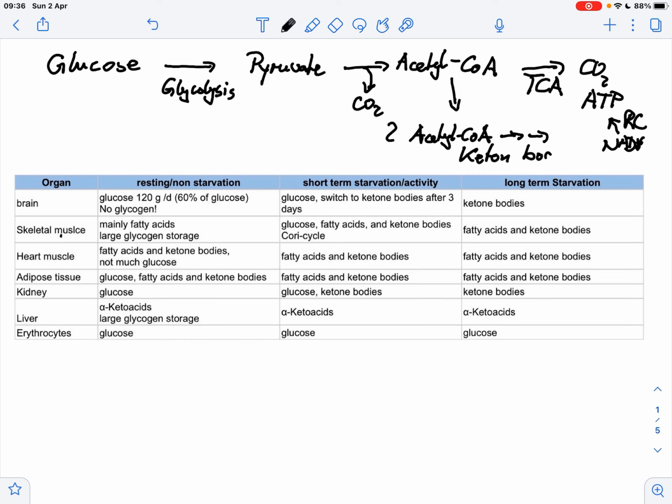And these are produced predominantly in the liver and can also be used as fuels, because this reaction can be reversed and we can use the ketone bodies as soluble acetyl-CoA carriers to various organs.